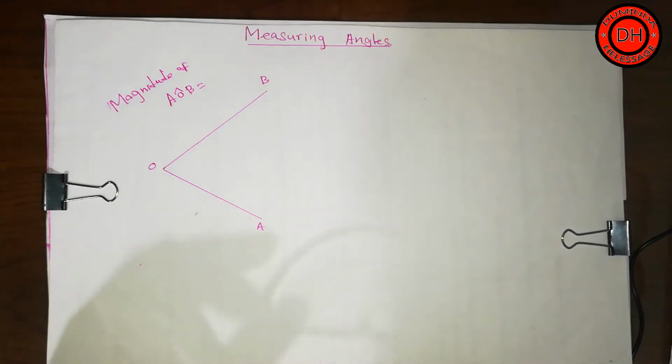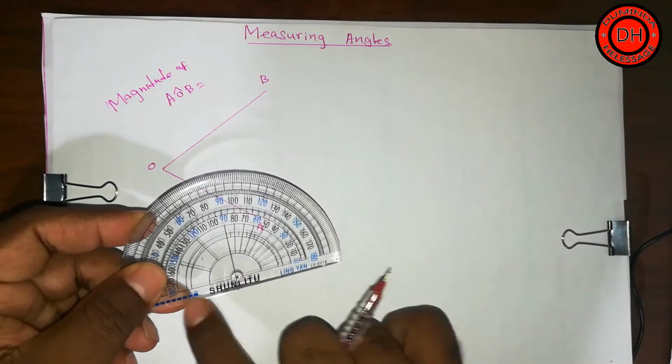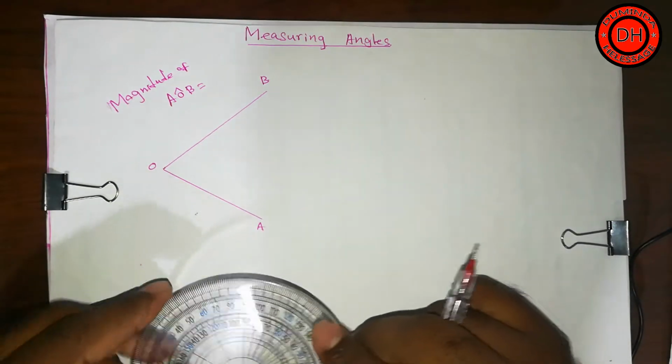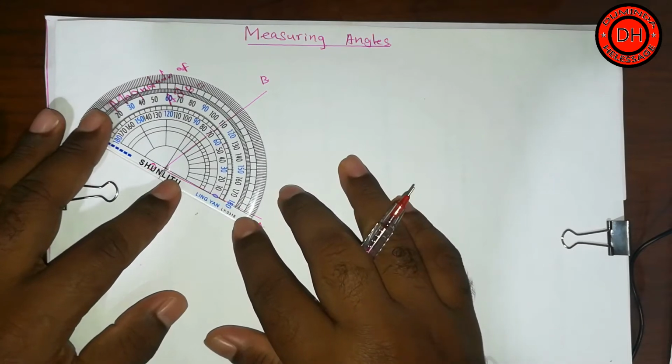So, place your protractor so that the origin point and the baseline coincide with the vertex O and the arm OA, like this.